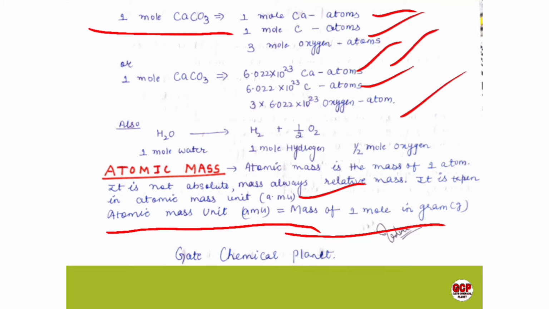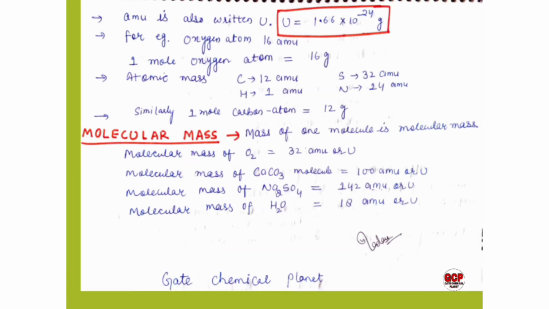So now we will discuss more about atomic mass unit. Atomic mass unit is also written as capital U. U equals 1.66 × 10^-24 grams. For example, for oxygen atom, we can write 16 atomic mass unit.